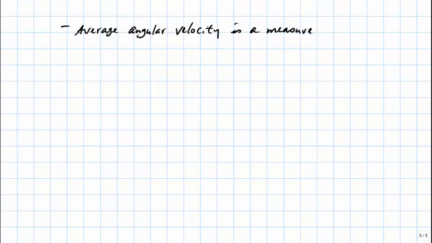Average angular velocity is a measure of an object's angular displacement with respect to time.